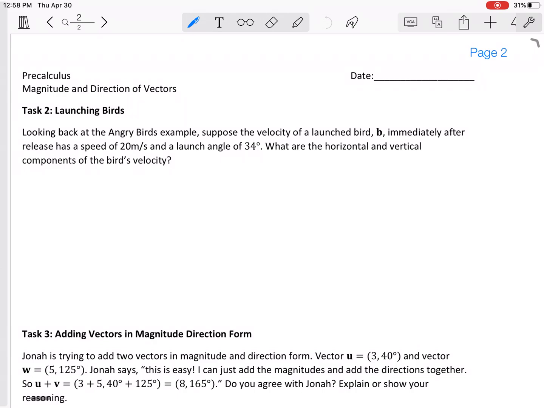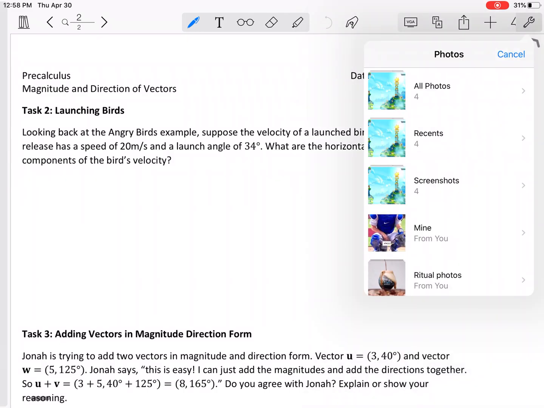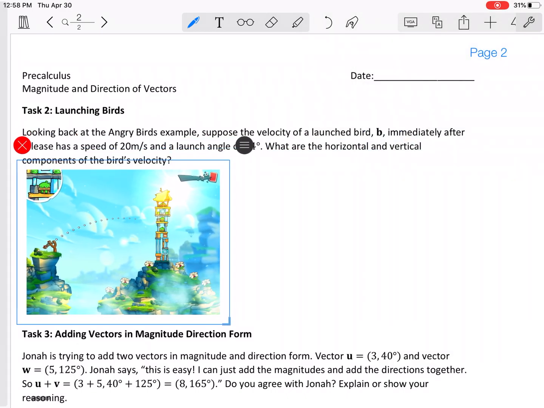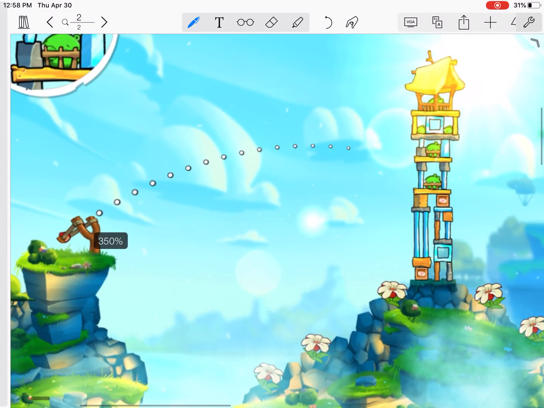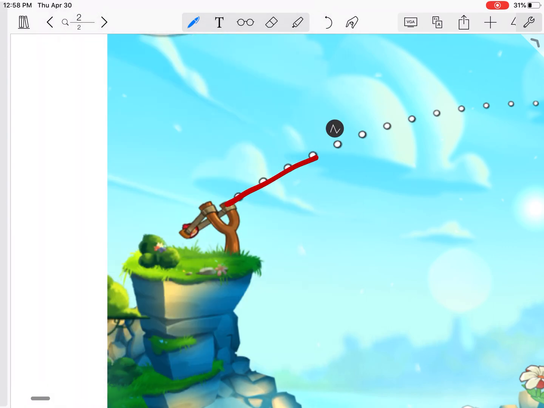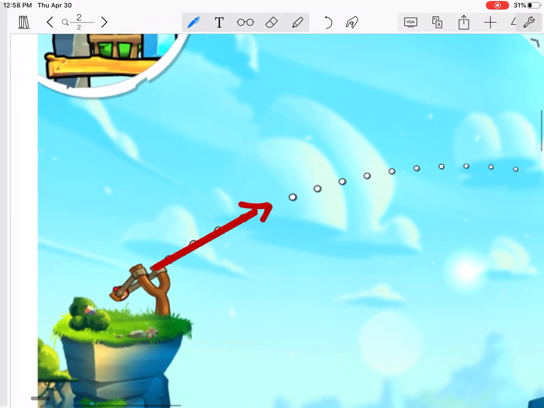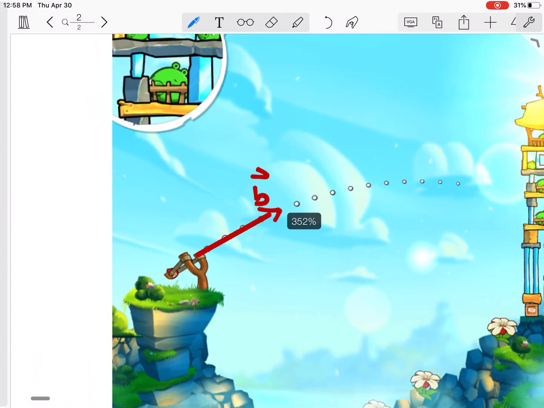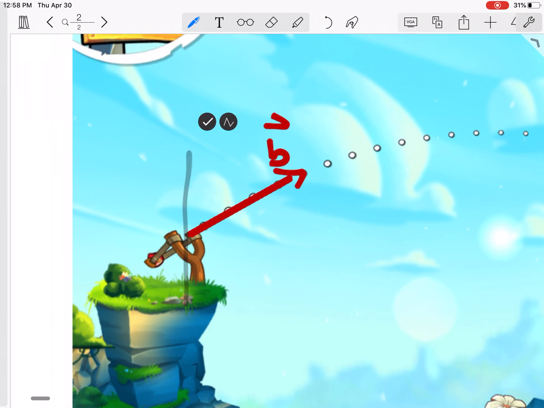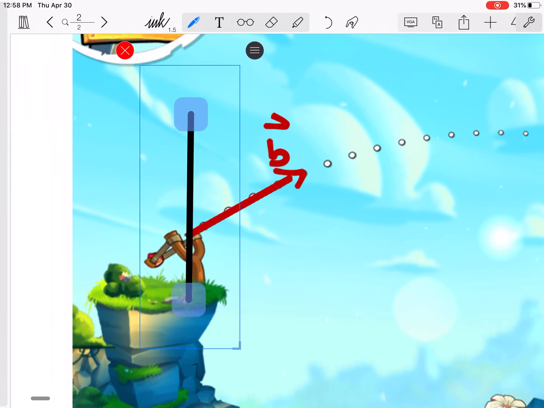Alright, so looking back at our Angry Birds example, real-world examples are often similar to what we see here for Angry Birds. So I'm going to insert a quick picture of that again. Let's consider the initial velocity that this bird's launched at and its angle. So what we'll do is realize that this launch is a vector. We're calling this vector b. It's relative to an axis, a coordinate plane. We can pretend that there's some coordinate plane relative to its launch.